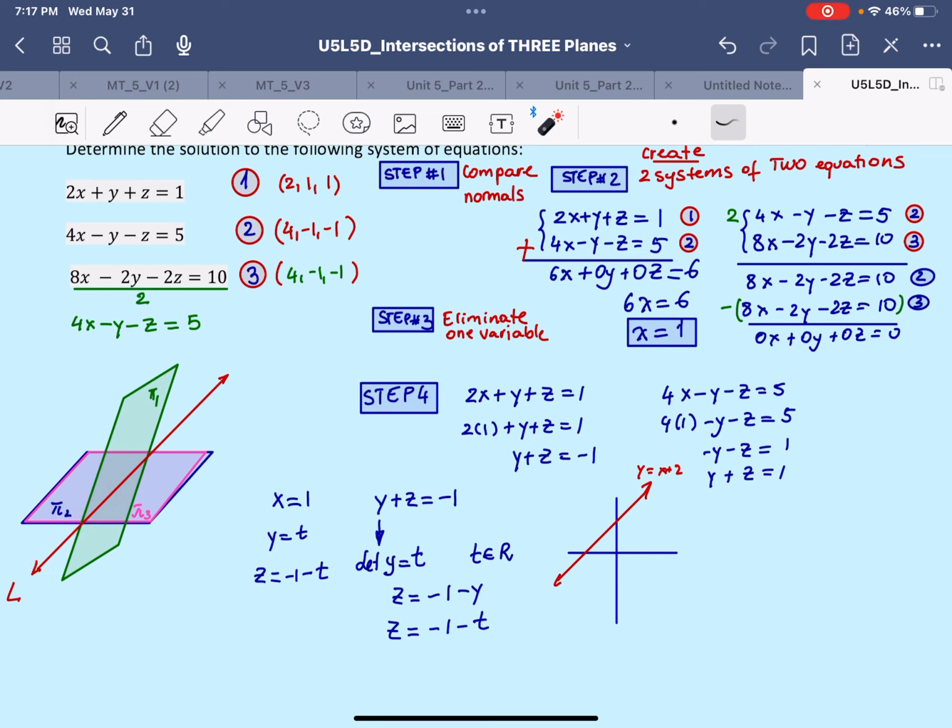We can find specific points if you wish, but all we know is x will be 1, y will be some number t, and z will be negative 1 minus that number t. So we find what we call the parameters x, y, and z in terms of some other number, any real number t.